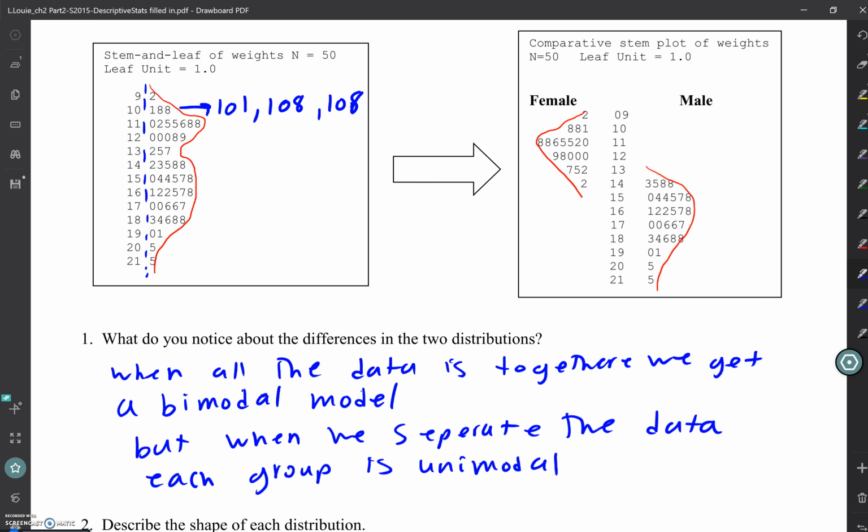If each of the two of them is giving me a unimodal model, when you put them together, we're getting two peaks, which give us our bimodal model, where we have the peak for the women's weights and the peak for the men's weights. Questions on that?